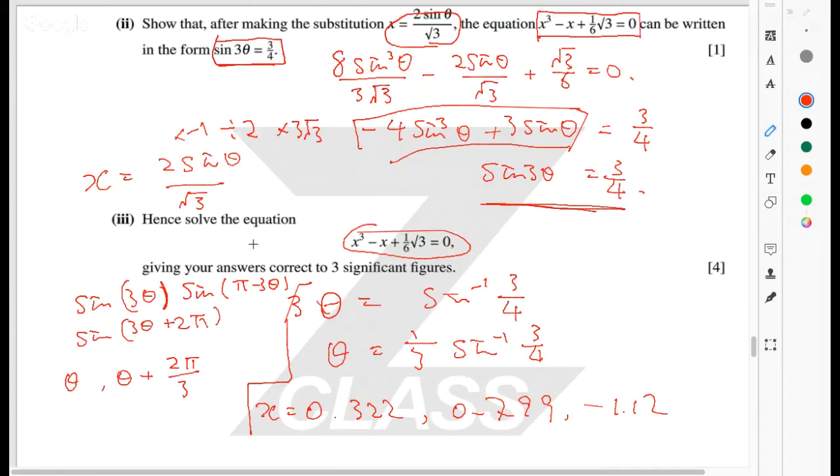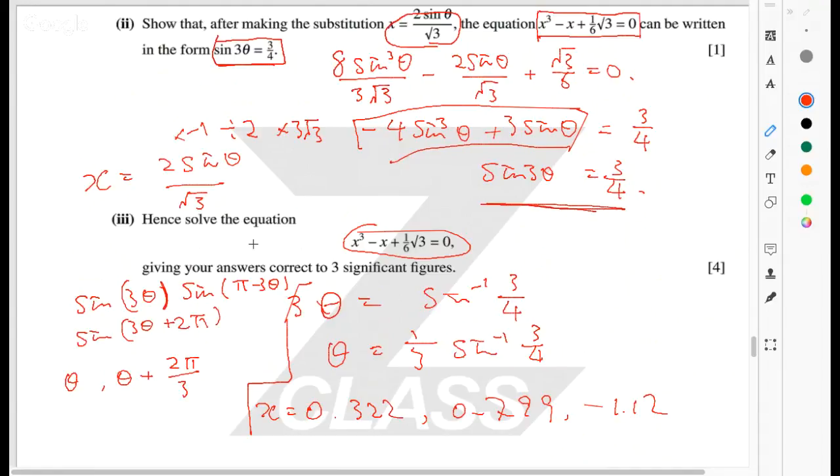Let's think about whether there is a general relationship. I think you could be onto something here, because in essence the period of sine 3 theta is 1/3 of that of sine theta.